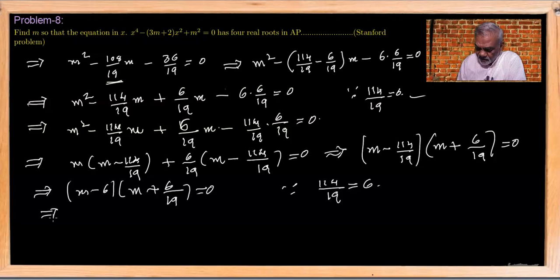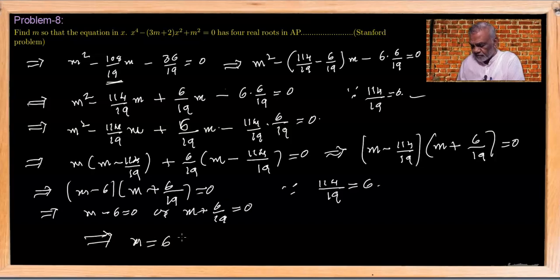And this implies m minus 6 is equal to 0, or m plus 6 by 19 is equal to 0, which gives us the value of m as m equal to 6 or m equal to minus 6 by 19. These are the two values for m we can get from the given data.